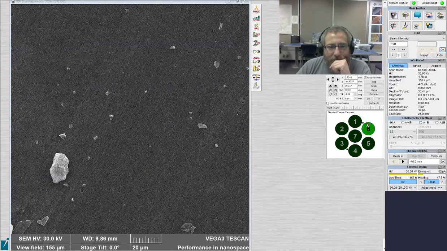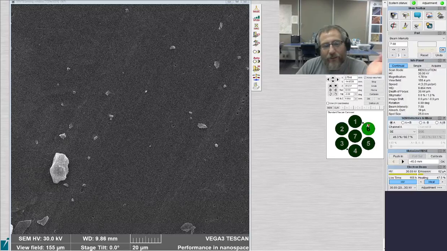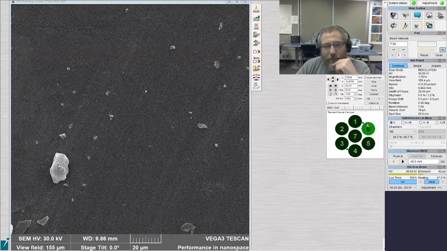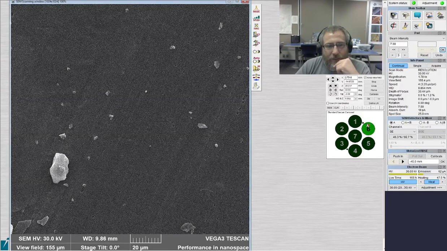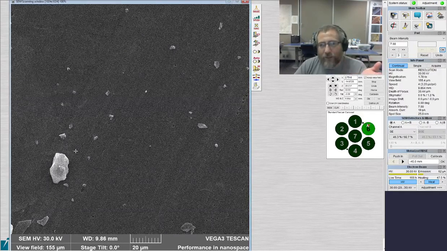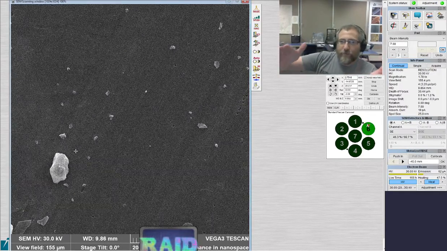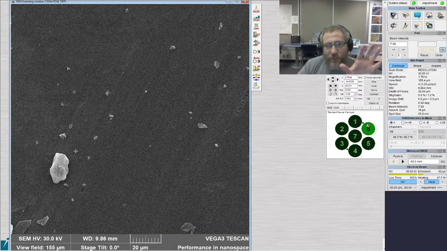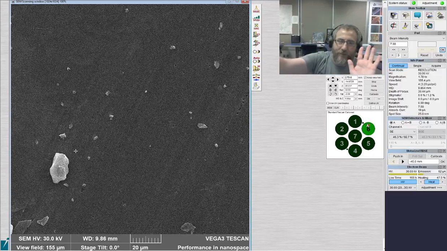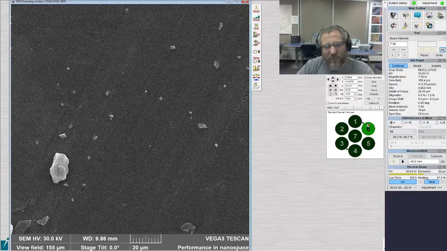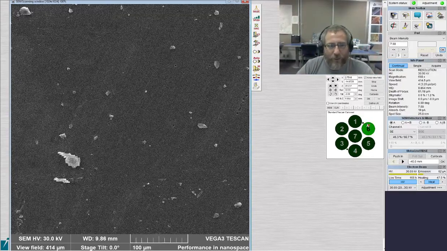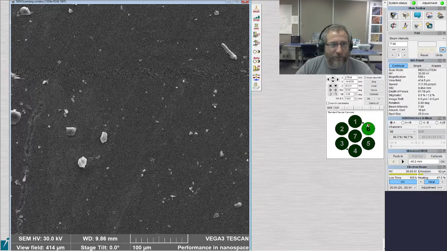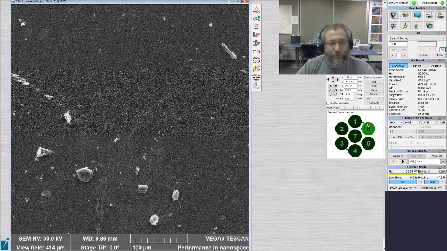Let's see. Why is a diatom glowing around the outside edge, Rod? That's because around the outside edge, that part of it is sort of pointed towards the sensor. So think of it like if you had light shining on a surface, that's the part that's reflected back at you. So the brighter image is a result of more electrons coming to the sensor, basically.